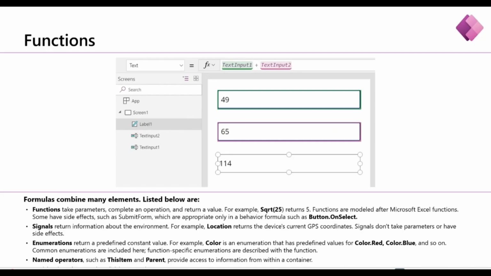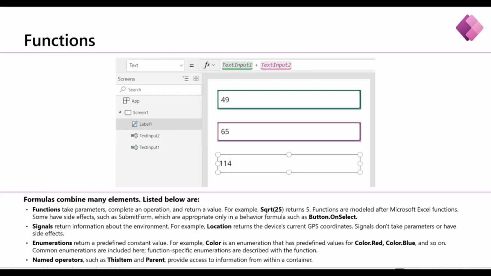Like this, you can be modeling a lot of functions from Microsoft Excel functions, and you can be deciding on the behaviors as well, on what a particular button has to do or what an icon has to do. There are some signals also which return the information about the environment. It can be the location, which again returns the device's current GPS coordinates. But signals don't take the parameters or have any side effects as such.